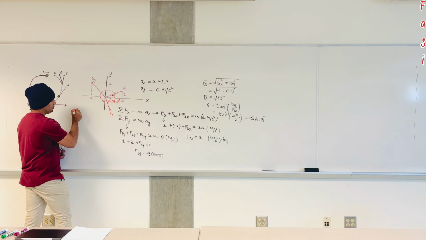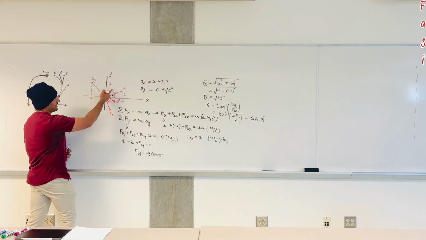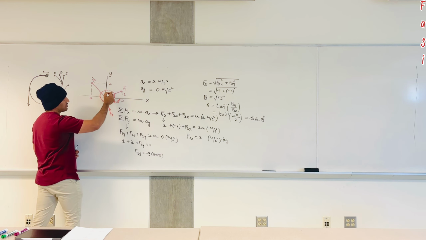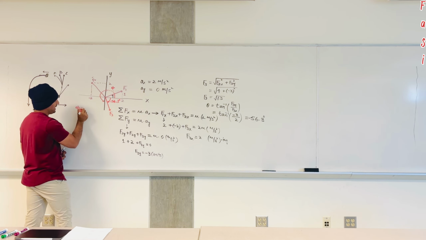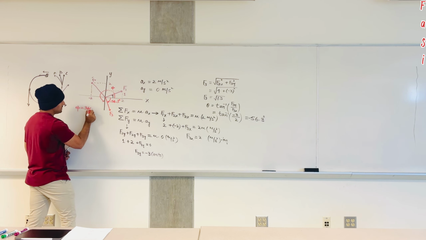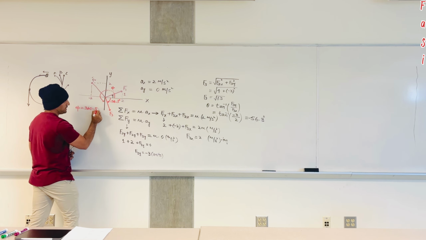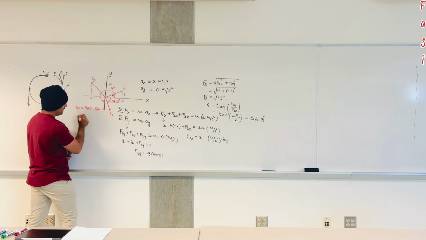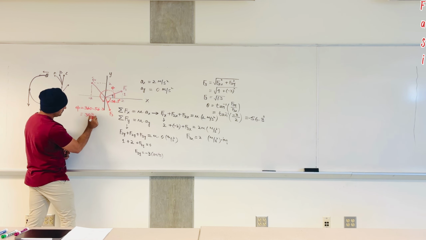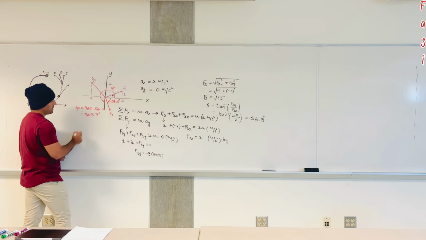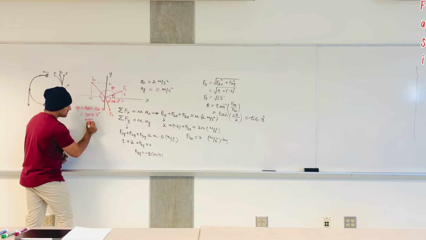So let's say this angle in the counterclockwise direction, let me call this phi. In that case, phi would be 360 minus 56.3, which turns out to be 303.7 degrees.